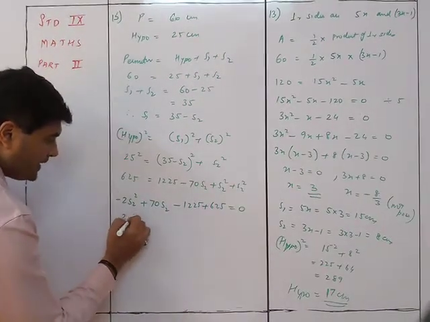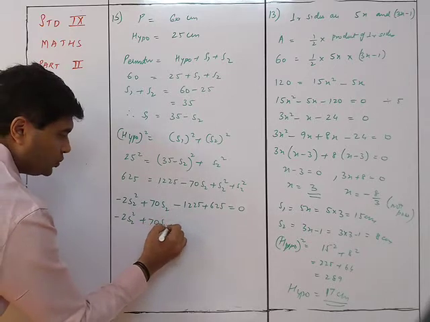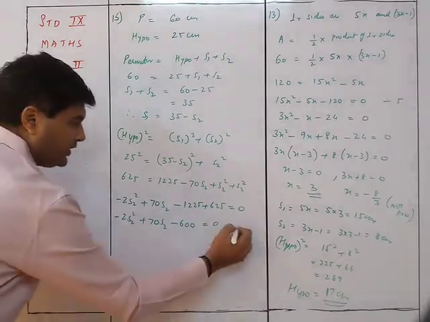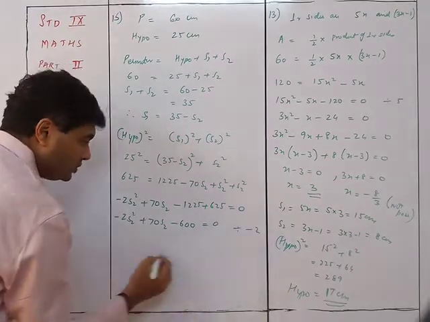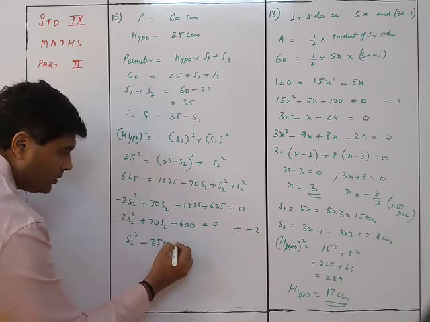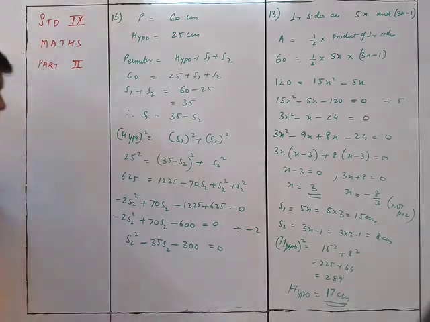So that is minus 2 S2 square plus 70 S2 minus 600 is equal to 0. You divide it by minus 2. So we get S2 square minus 35 S2 plus 300 is equal to 0.